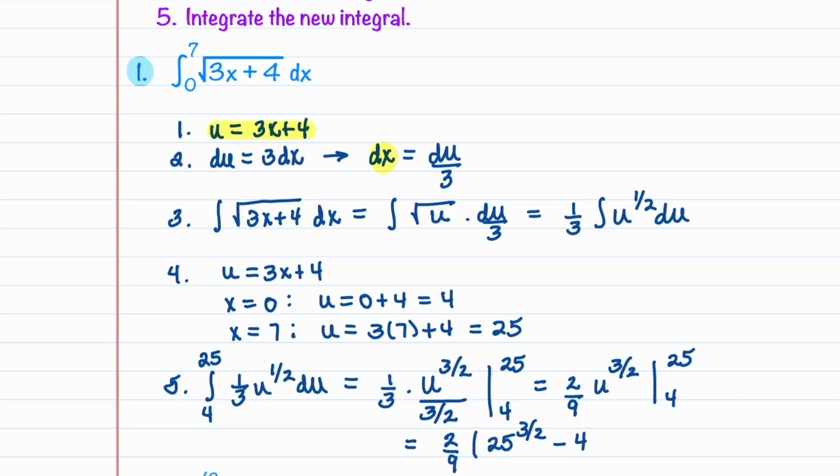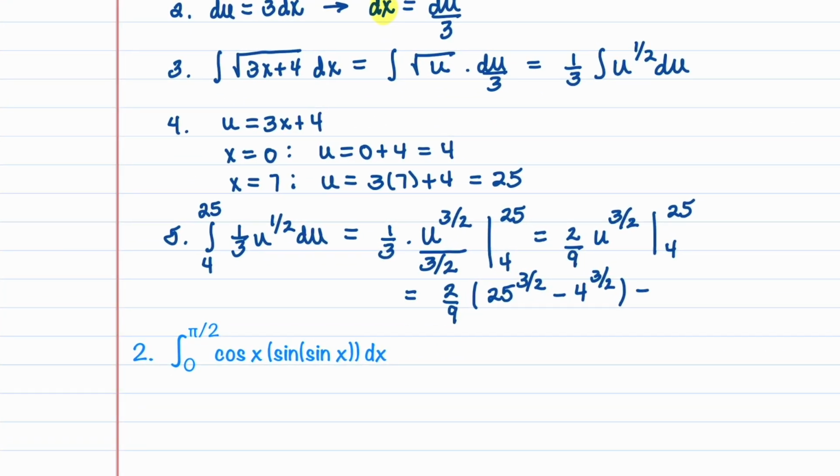So this is 4 to the 3/2. Let's see what this gives us. This is 2/9. 25 to the 1/2 is just the square root of 25, which is 5. So we have 5 cubed minus the square root of 4, which is 2. And that gives us 2 cubed.